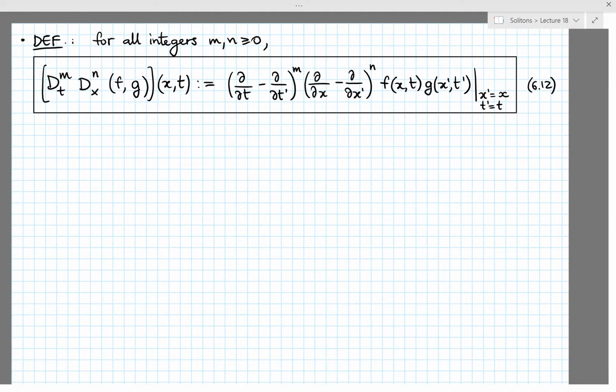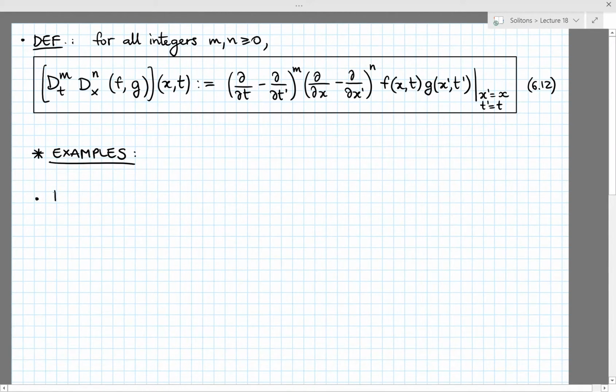To get a feel for this definition of bilinear differential operators, let's look at a few examples. So we'll start by looking at D_t acting on the pair of functions f and g. And this, I remind you, is a single function of x and t.